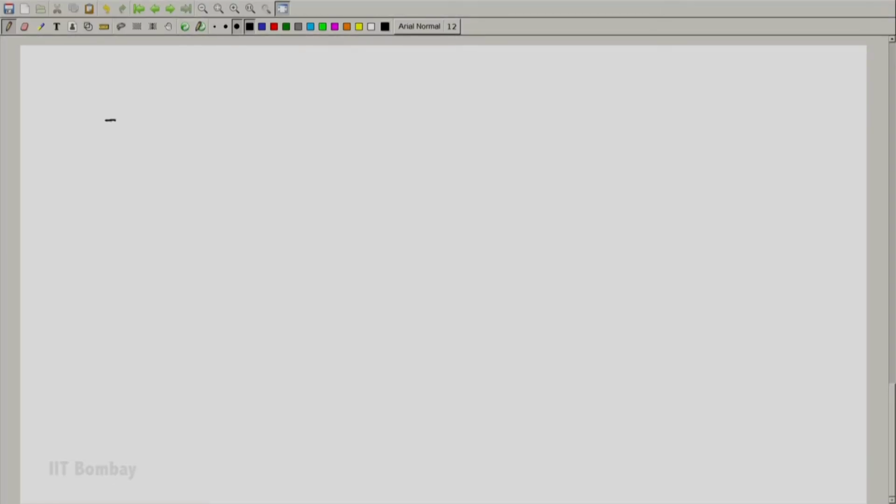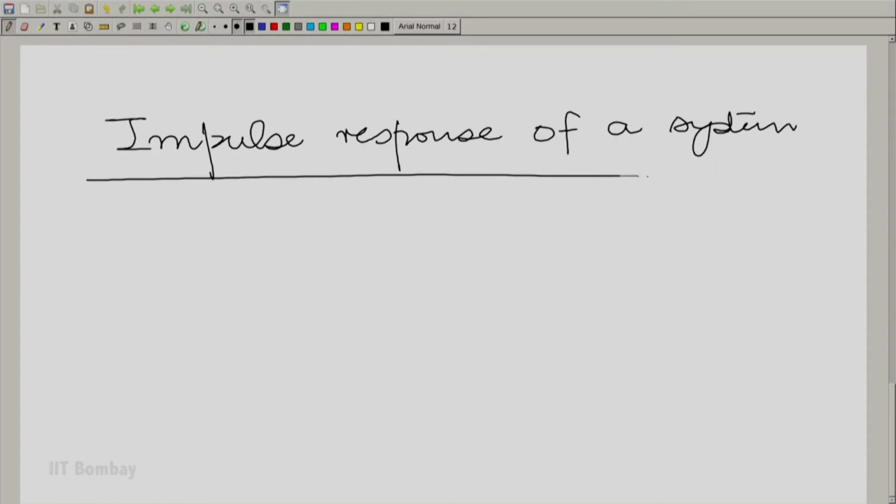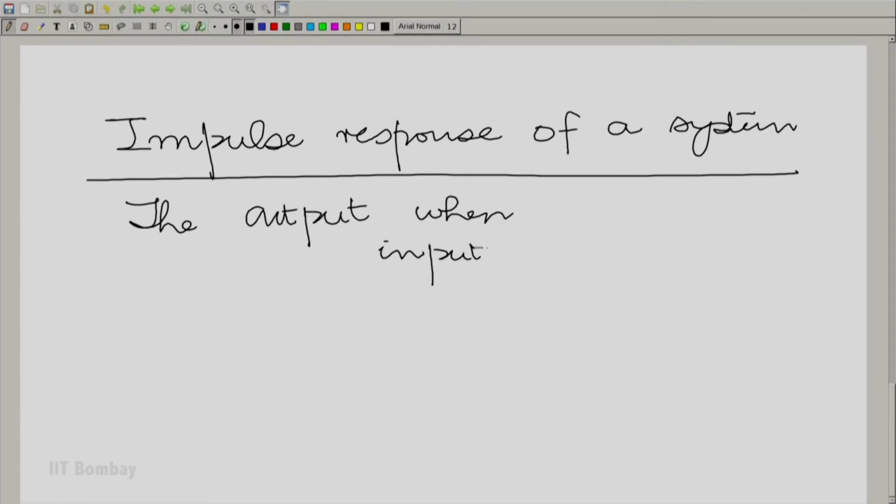All right. So, we are now coming out with a very important idea here. The response of a system to a unit impulse. What is that? Let us define it. The impulse response, a very important idea. What is the impulse response of a system? The output when the input is a unit impulse.